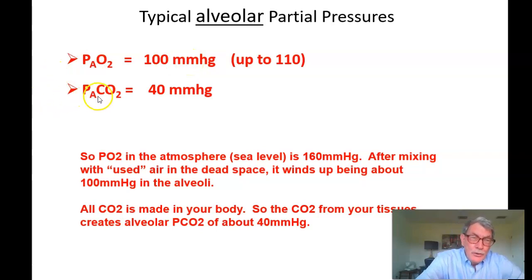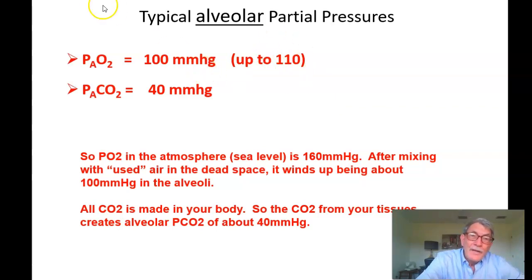Now, the partial pressure of CO2 tends to be about 40. Okay? Well, that's fine. Where is that coming from? It's not coming from the air. You aren't breathing in enough CO2 to make any difference. This is coming from your body. So the oxygen is going into the alveoli from your mouth, and the CO2 is going into the alveoli from your muscles, and they mix.